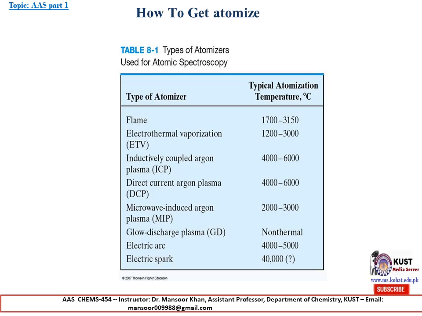Types of atomizer include flame, whose temperature is from 1700 to 3105 degrees centigrade; electrothermal vaporization, from 1200 to 3000 degrees centigrade; inductively coupled argon plasma, famously known as ICP, from 4000 to 6000 Kelvin; direct current argon plasma, also from 4000 to 6000; microwave induced argon, from 2000 to 3000; glow discharge plasma, non-thermal; electric arc, from 4000 to 5000; and electric spark, 4000 Kelvin.